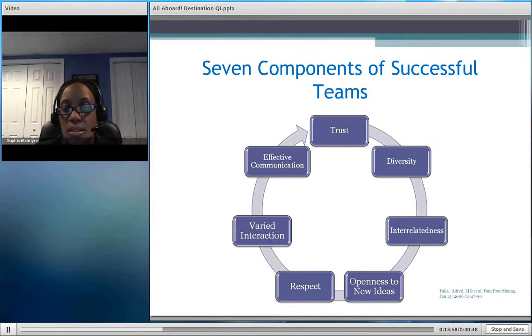Diversity, interrelatedness, having an openness to new ideas, having respect for your teammates, understanding that your teammates are going to have varied interactions, and then, really important, effective communication in any team component. So let's explore these a little further.